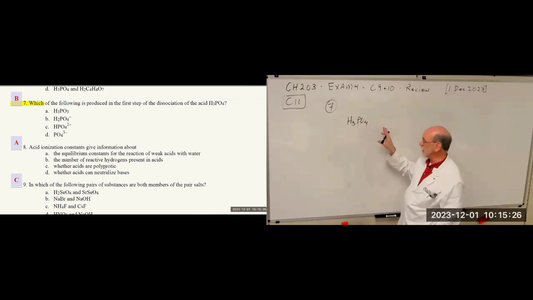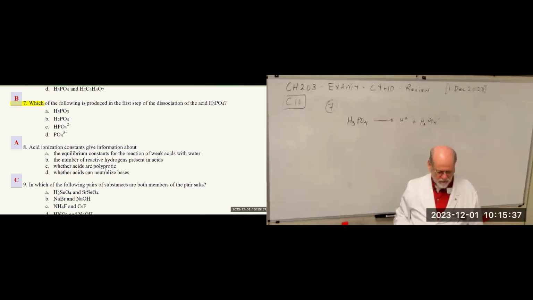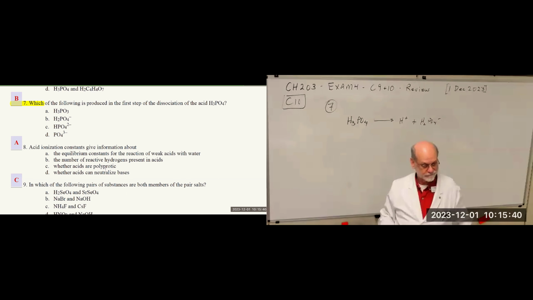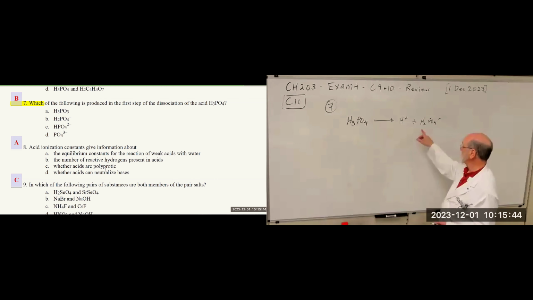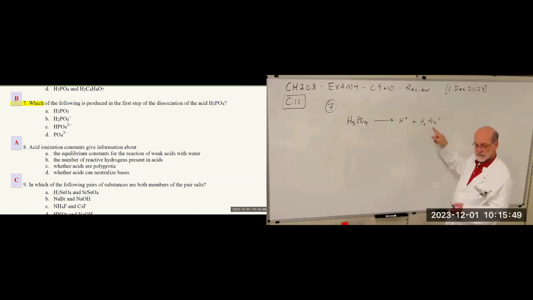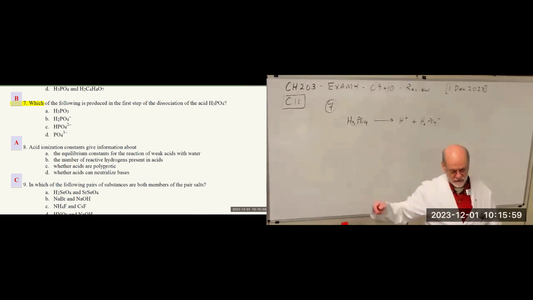But for simplicity's sake, we're going to say it produces a hydrogen plus H2PO4 minus. So H2PO4 minus is B. That's the first dissociation. Second dissociation, you take this one, drop another hydrogen. You have HPO4 2 minus. Drop another hydrogen from that, you have PO4 3 minus. So phosphoric acid dissociates in 3 steps.